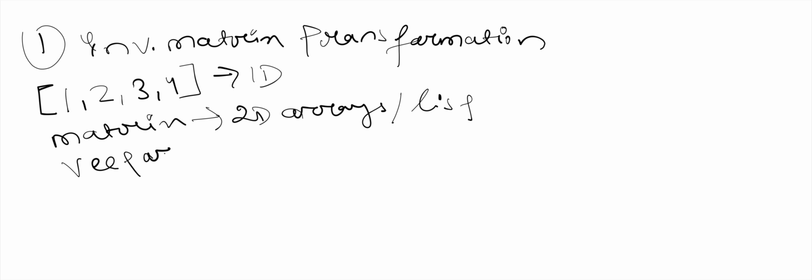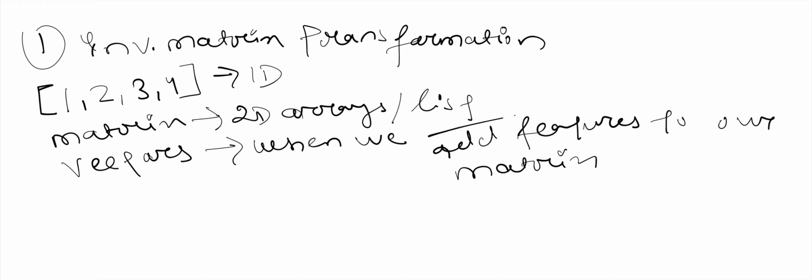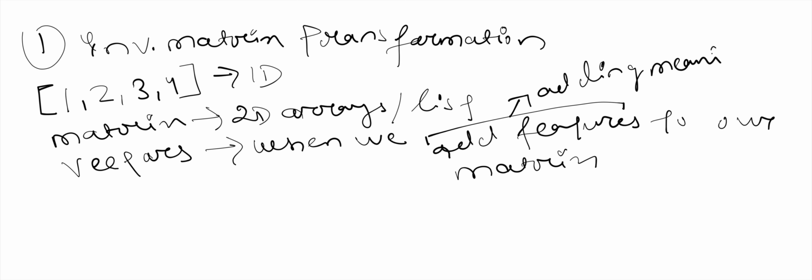Vectors are what we get when we add features to our matrix. This adding of features means adding meaning to our data.